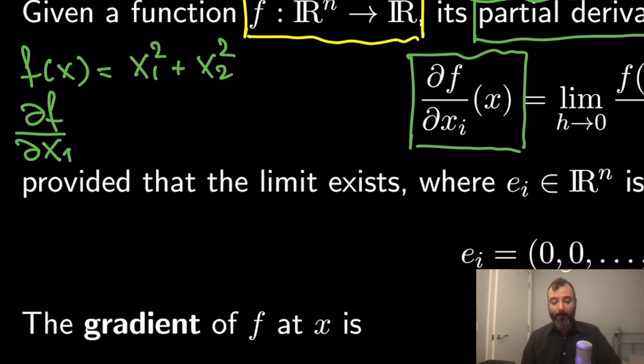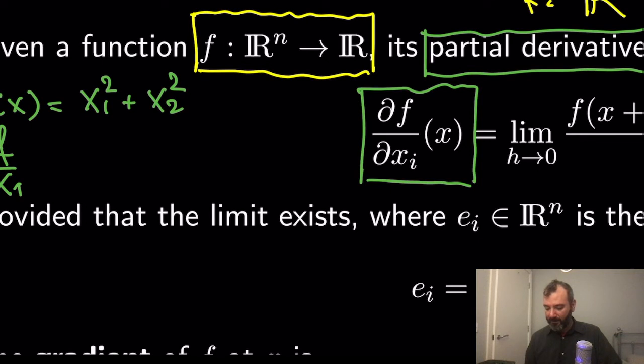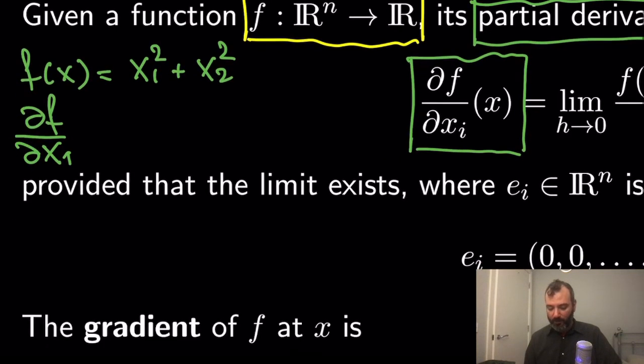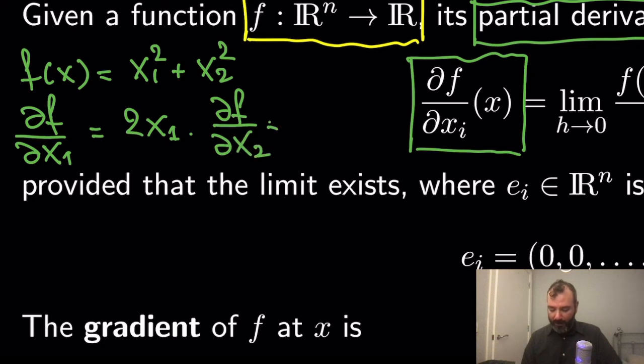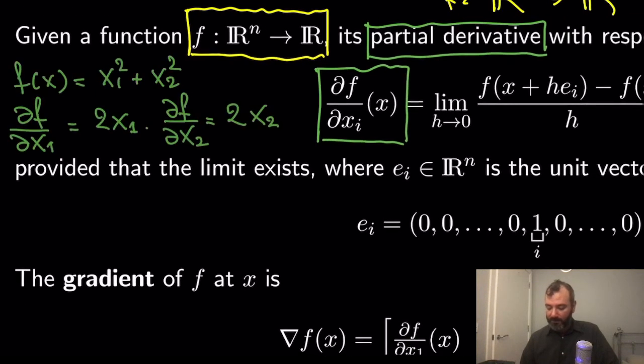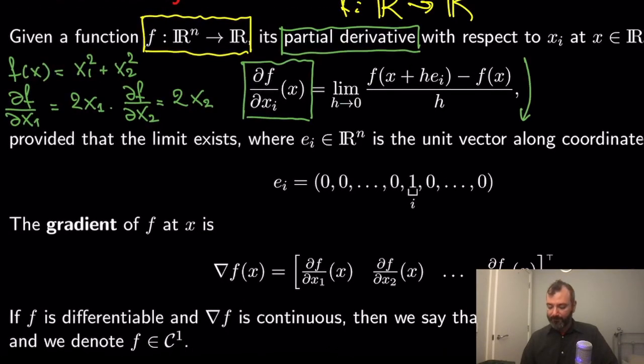This is called the partial derivative, like this. The partial derivative only with respect to x1. So x2 is a constant when I'm differentiating with respect to x1. I'm ignoring x2 entirely. So this is 2x1. That's it. The derivative of f with respect to x2, now I'm ignoring x1. x2 is the only variable I have. This is 2x2. These are my partial derivatives.